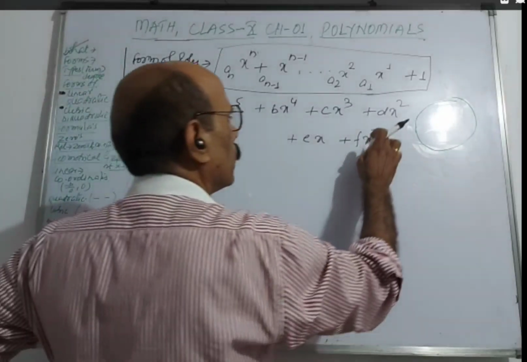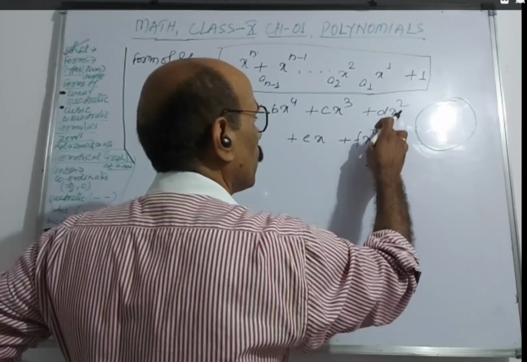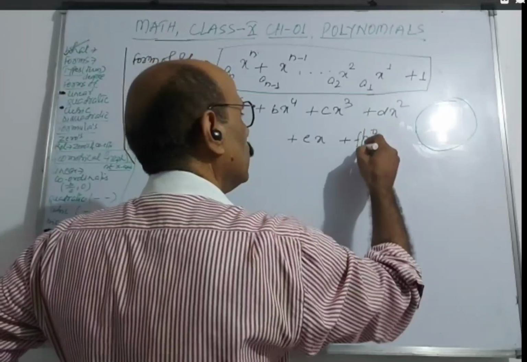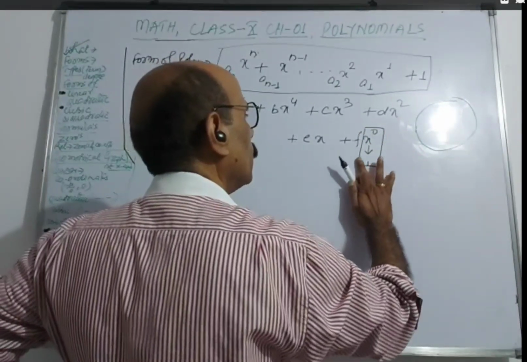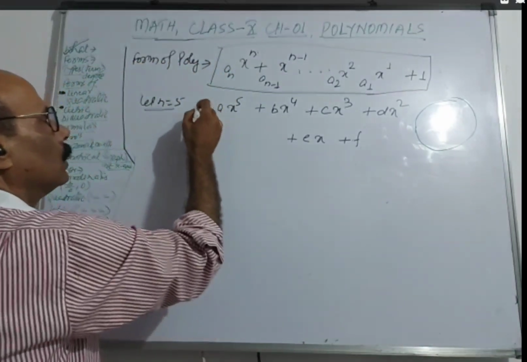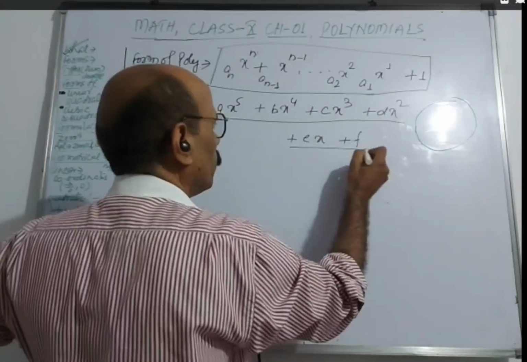Here, x to the power 0 is equal to 1, therefore generally it is not written, 1 into f is equal to f. This is also a form of polynomial.